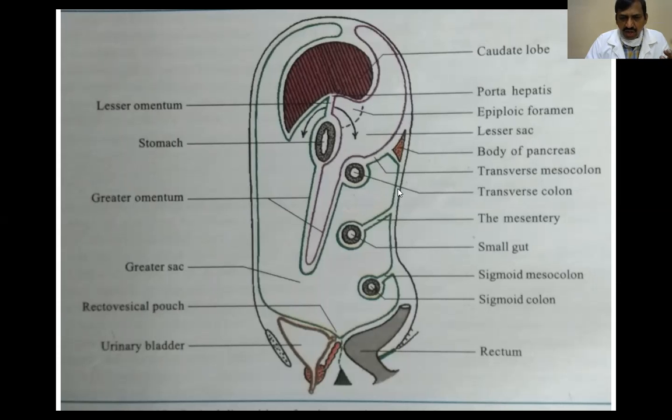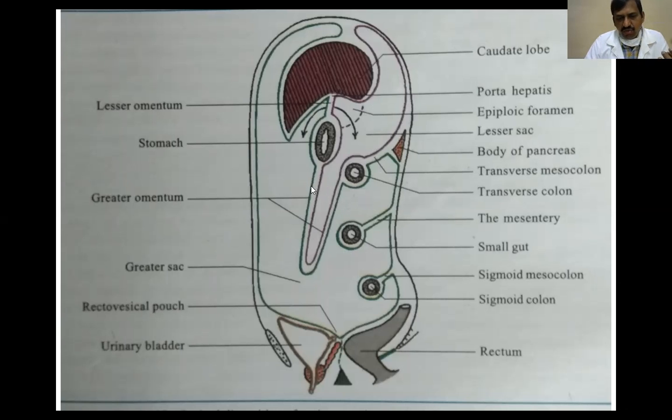Like these are all the folds covering different parts of the intestines. If it is connecting the small intestine, we call it mesentery. If it is connecting the colon, that is called mesocolon, and if it is connecting the sigmoid colon, sigmoid mesocolon. And here this is the greater omentum.